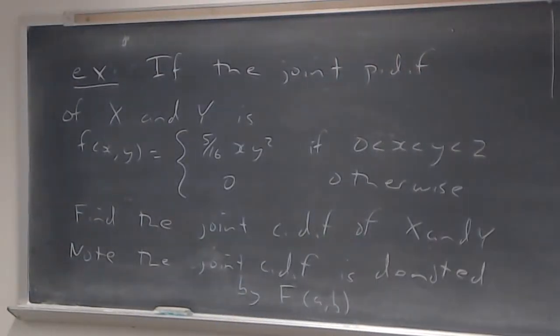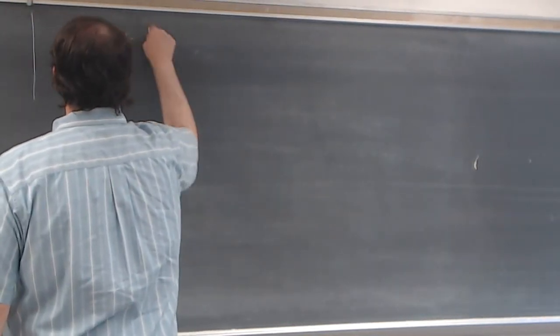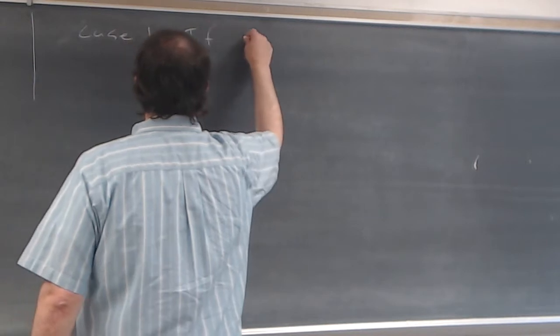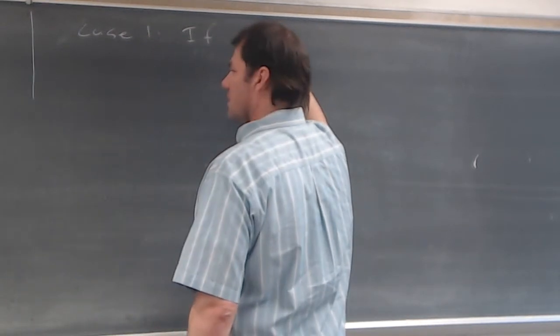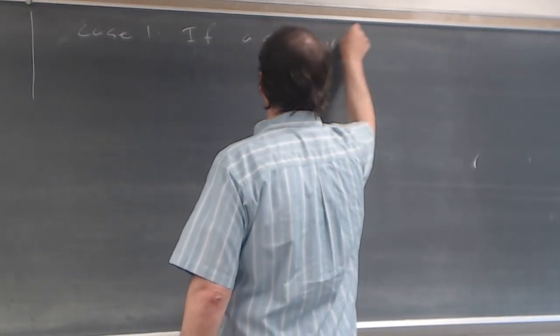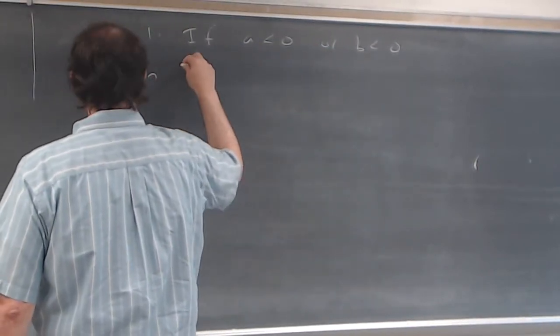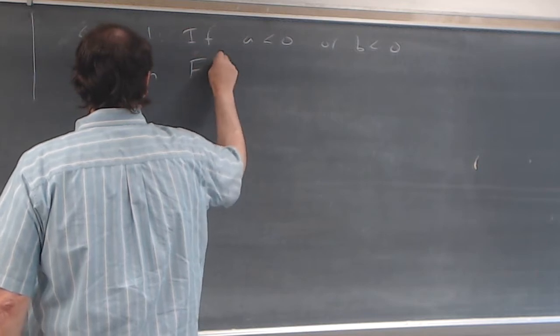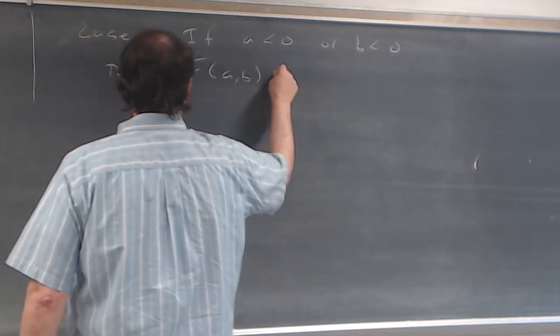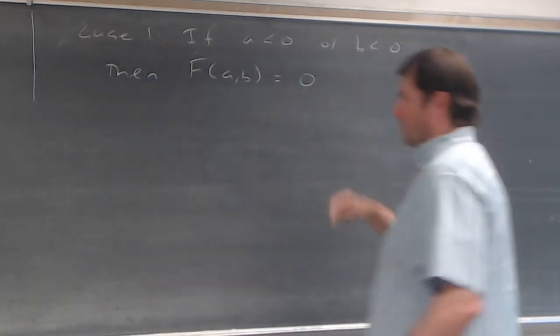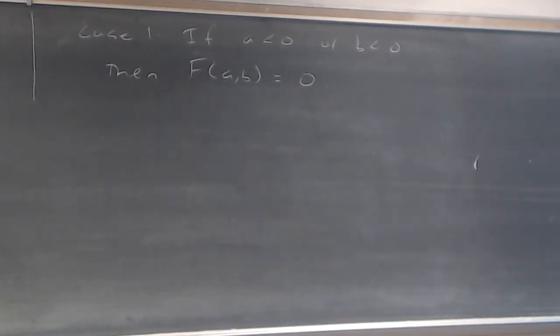Because of the definition of the joint PDF, what we notice is, this is case 1, if a is less than 0 or b is less than 0, then the joint CDF will be equal to 0. So that's the first case that we have.